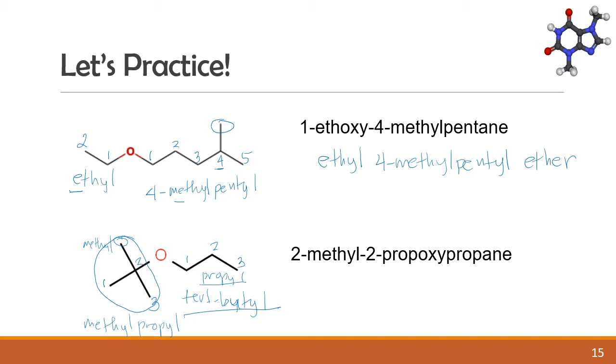Note that the word tert is not included in the alphabetical arrangement because it refers to the name of the structure and not the name of the alkyl itself. So the correct name of this compound would be tert-butyl propyl ether.